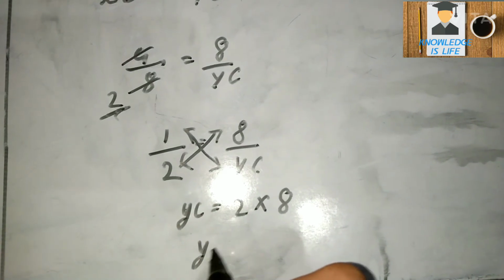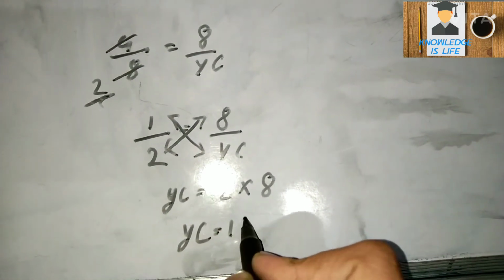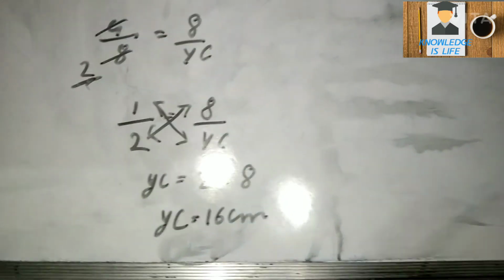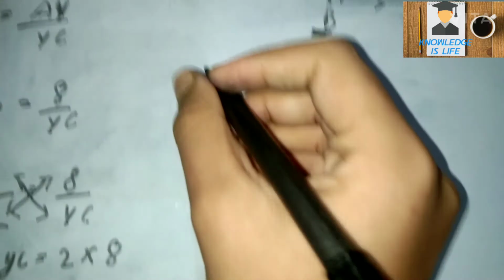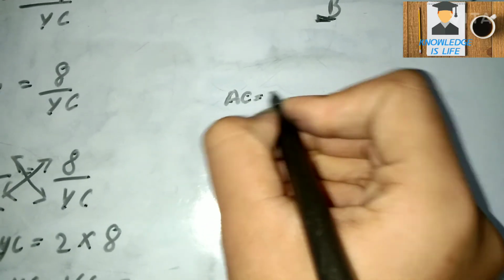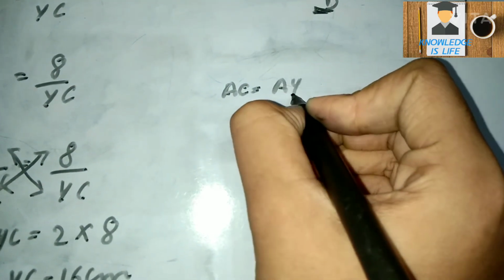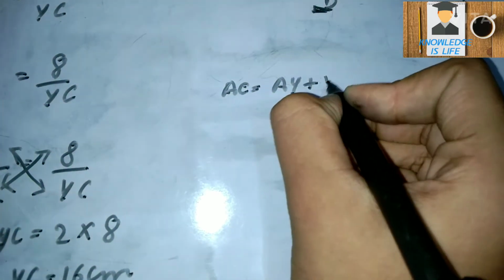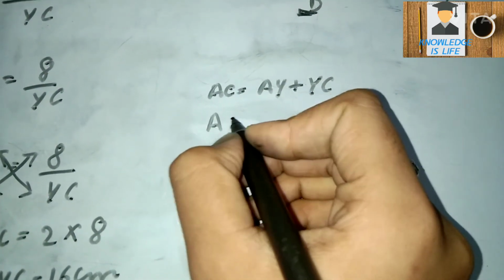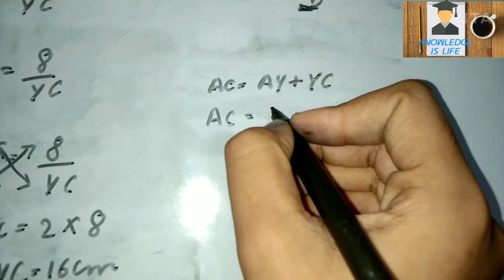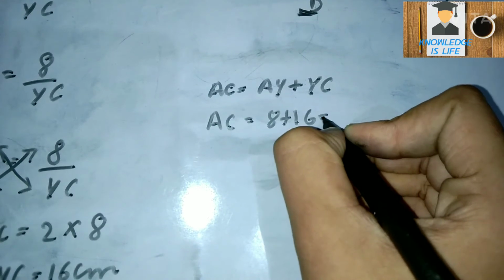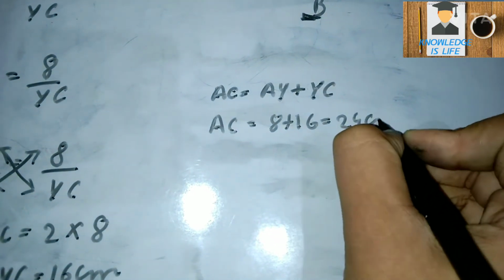So YC equals 16 centimeters. Okay, so here we will write AC equals AY plus YC. So AC equals 8 plus 16 equals 24 centimeters.